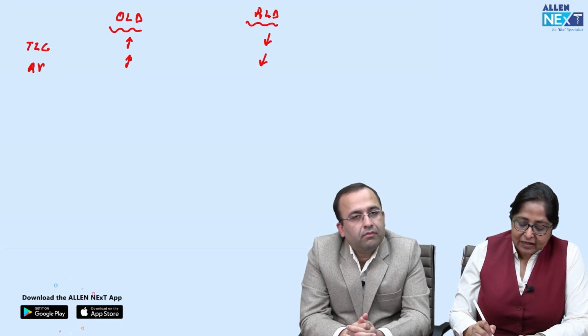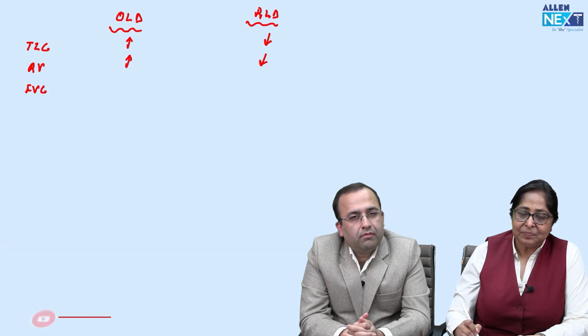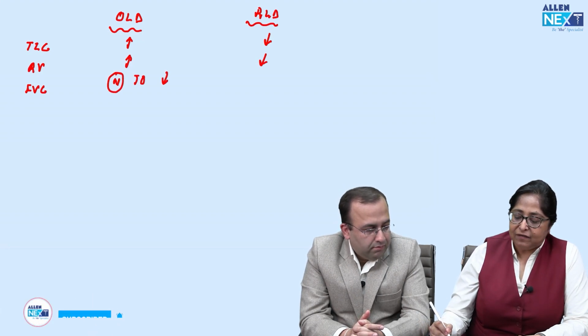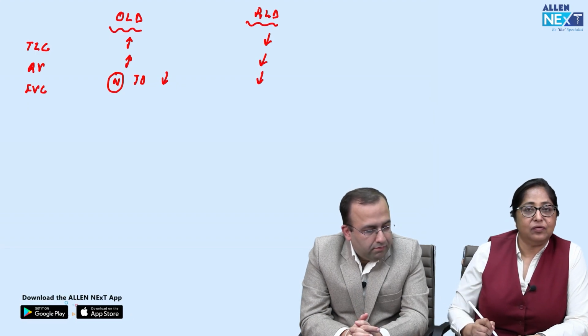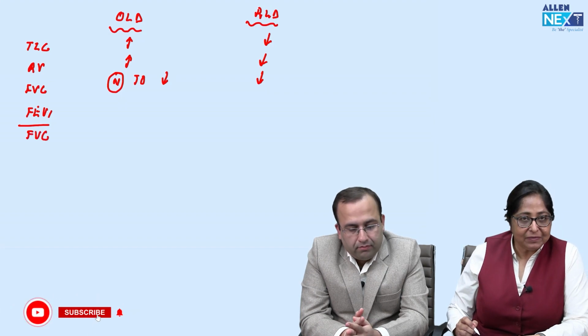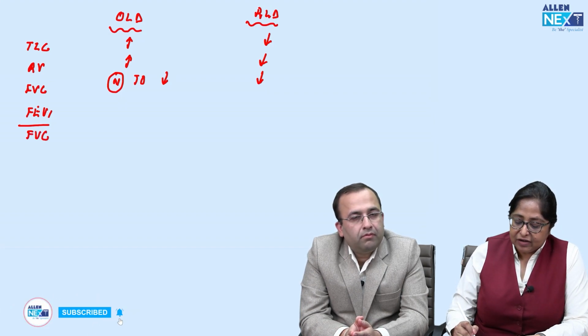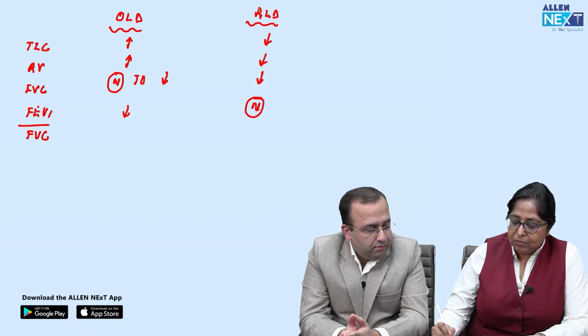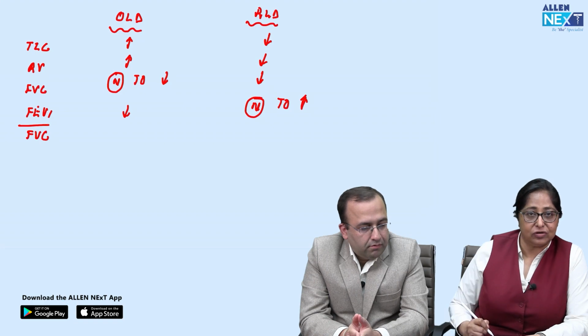When you look at the forced vital capacity, this is normal to reduced in obstructive, whereas in restrictive, definitely reduced. If you look at FEV1 by FVC ratio, which is also called the timed vital capacity, this is reduced in obstructive lung disease, and this is normal to increased in restrictive lung disease.